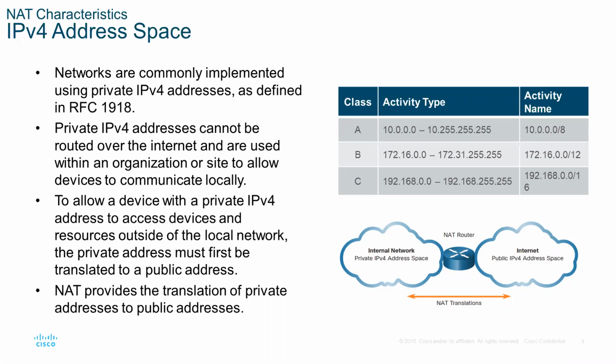And these addresses were the 10 network from class A, the 172.16/12 from class B, and the 192.168 range from class C. And this came about when we started doing CIDR notation, which was classless interdomain routing, and NAT.